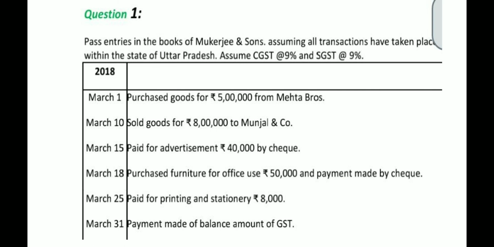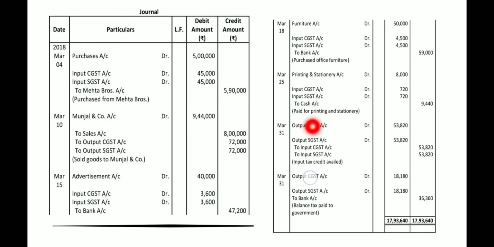Payment made for the balance amount of GST. So first of all, output GST and input GST are both set off. Output CGST is 53,820 and output SGST is also 53,820, to input GST.